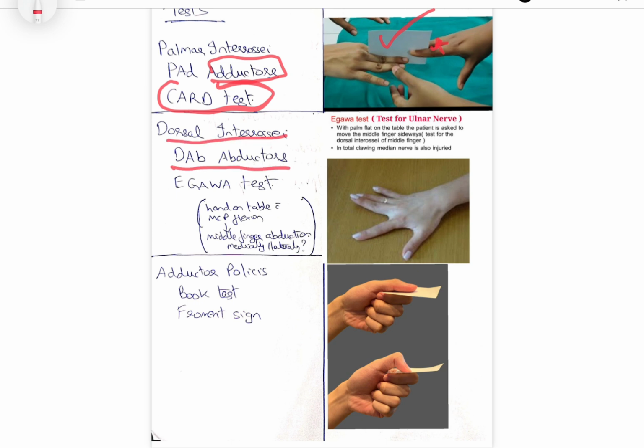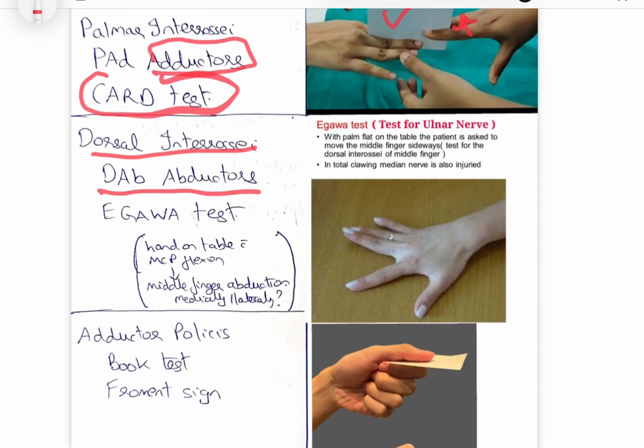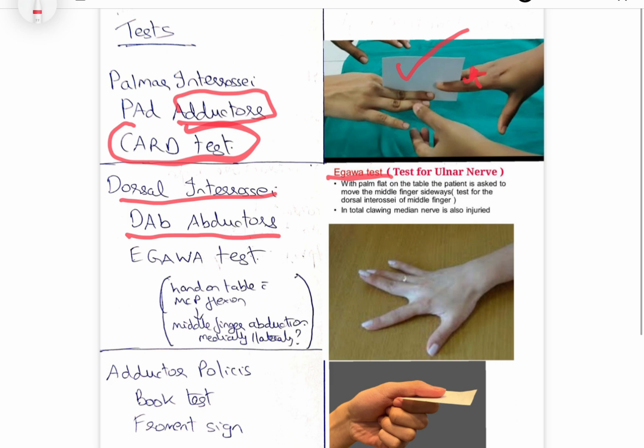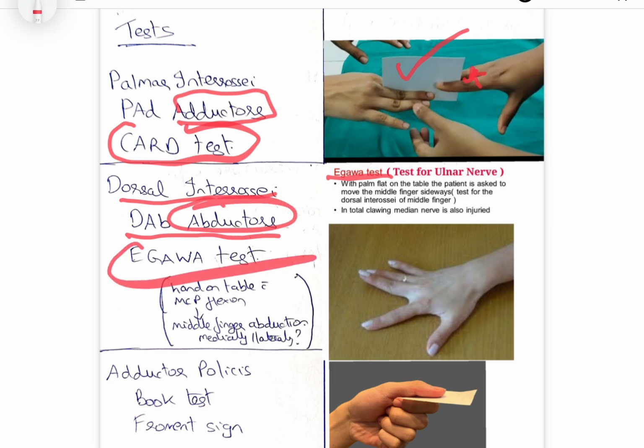DAB, abduction. So the classical test is Igawa's test. What do we do? With the hand on the table, MCP joint in slight flexion, the palm lying flat on the table, we ask the patient to abduct the middle finger medially and laterally to check for the abduction function.